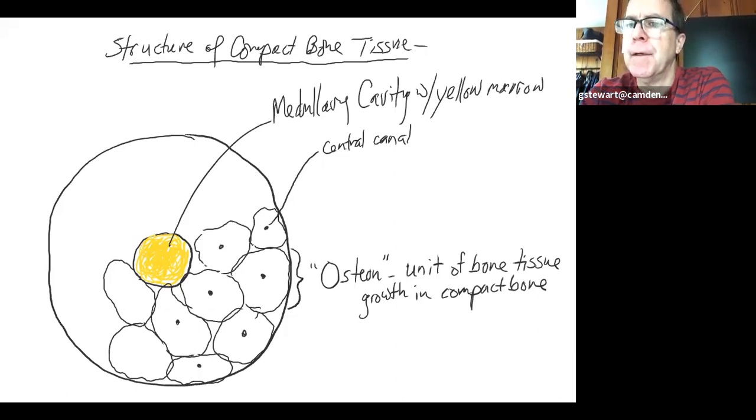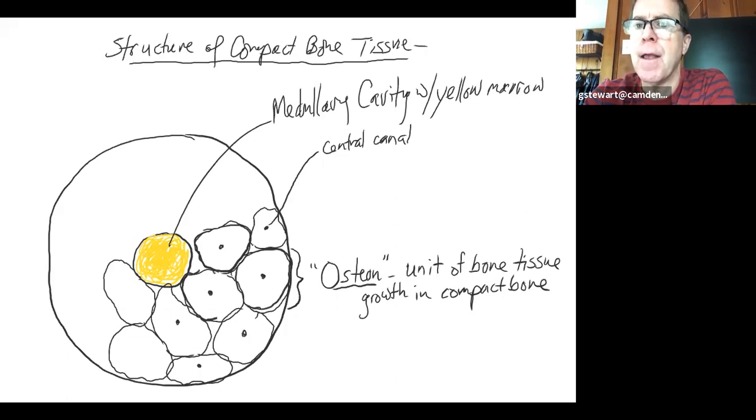Okay, so this is an osteon, this is another osteon, here's another one, and they all have a central canal running down the middle of them.